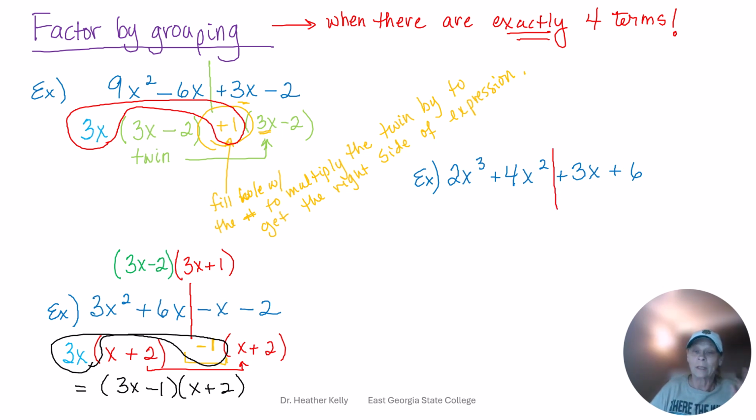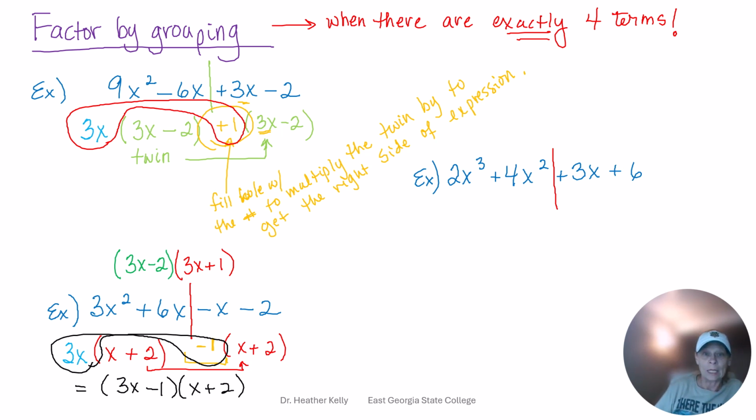Let me tell you, it doesn't always work. Every 4-piece polynomial won't always factor for you, and you're going to learn that when we get to section 5.1. In chapter 5, we're going to start dealing with stuff that doesn't necessarily factor the way that you expect. But right now, it is all pretty.